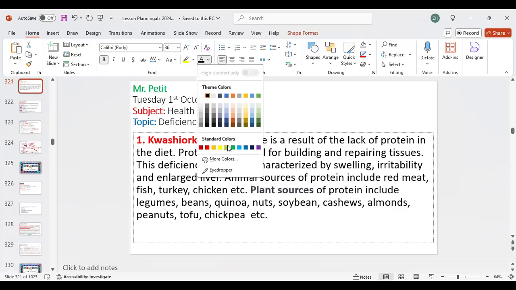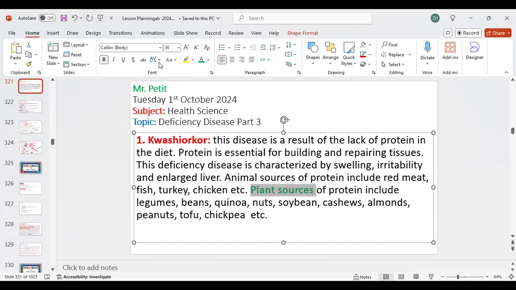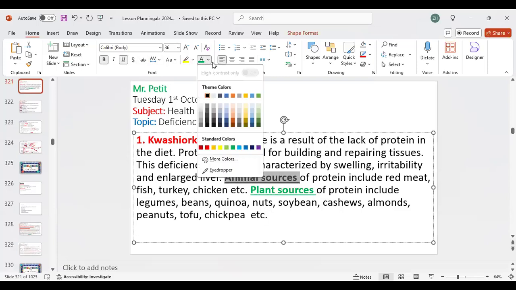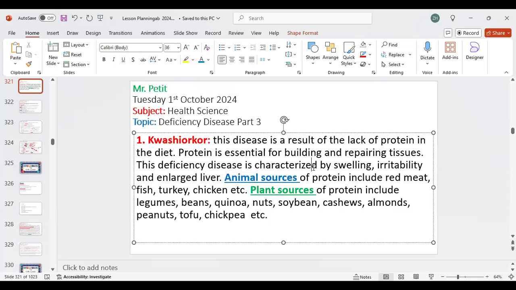So who would typically be eating plant sources of protein the most? Vegetarians or vegans would be eating more plant sources. A pescatarian is only fish.